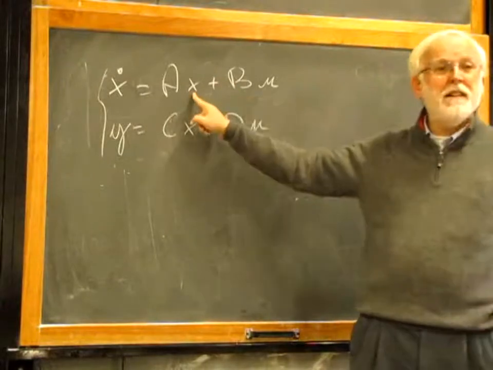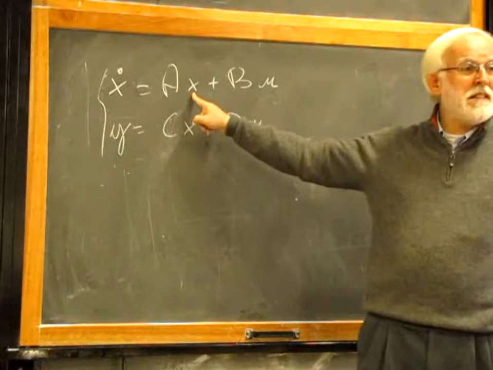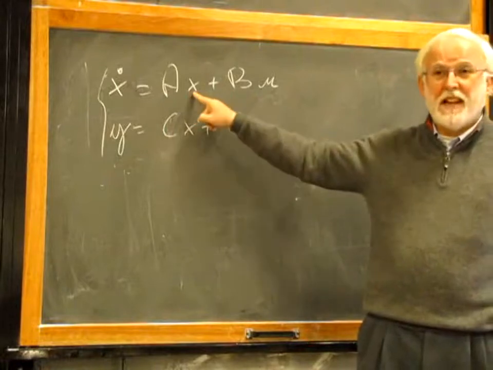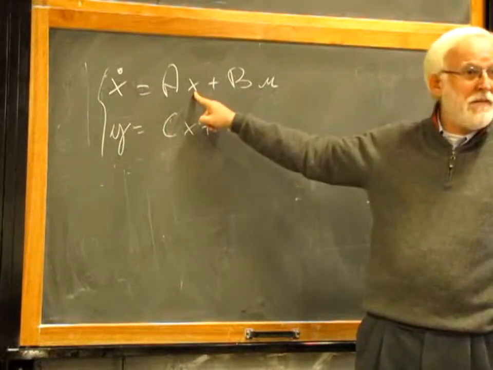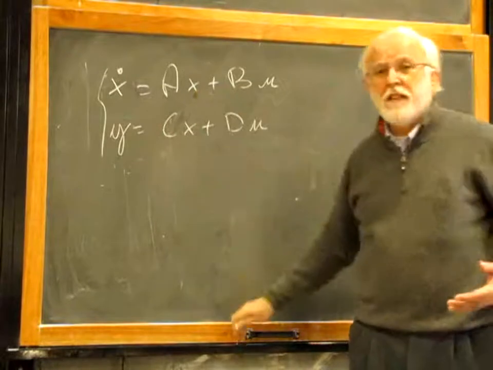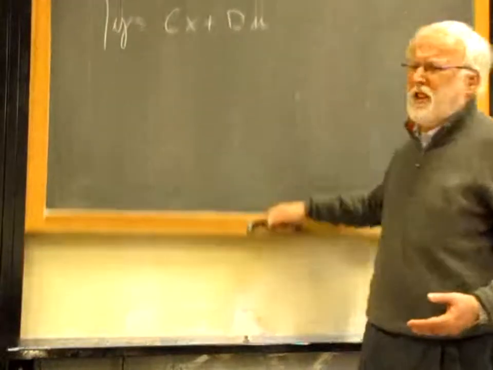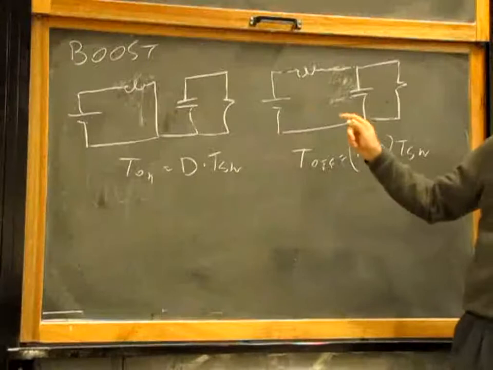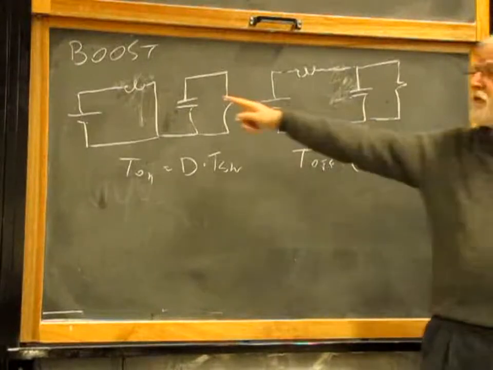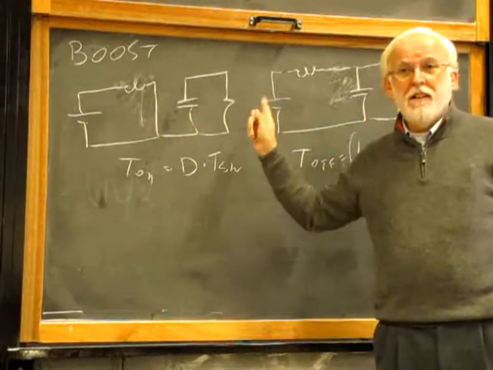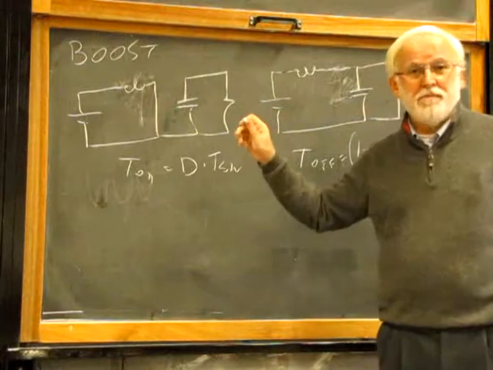What's x? State vector. What is inside the state vector? There are the state variables. What are the state variables in our circuit? Current in the inductor and voltage across the capacitor.